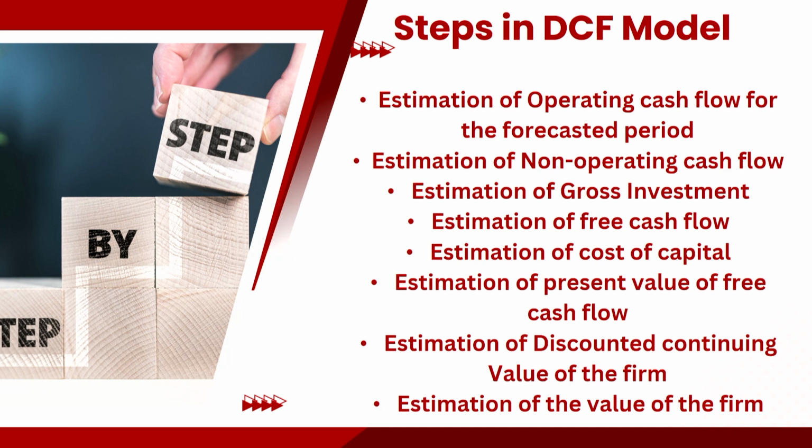Then comes the estimation of cost of capital. When we talk about the estimation of cost of capital, we all know that cost of capital simply means the weighted average cost of capital, and weighted average cost of capital accommodates at least 4 different sub-components of capital, starting with the cost of equity, then the cost of preference share capital, then the cost of debt capital, and the cost of retained earning.